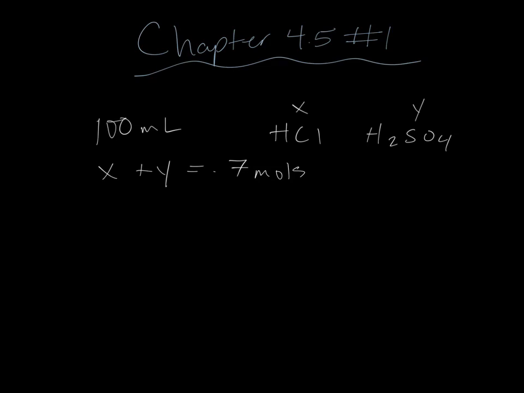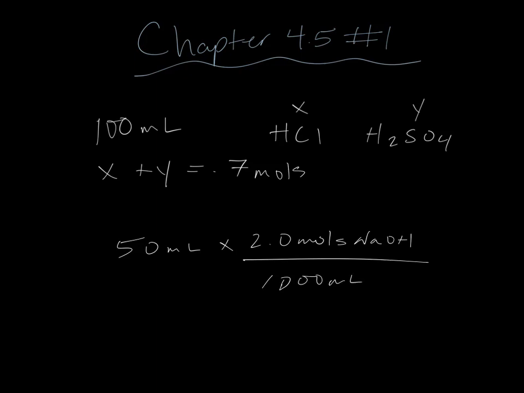The equivalence point of a titrated solution marks when the moles of the acid equal the moles of the base. Since we're given the volume and the concentration of the base, 50 milliliters, NaOH over 1,000 milliliters, or 1 liter, we find that at the equivalence point, it's 0.01 moles of acid to base.